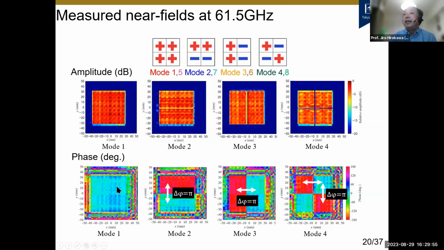In mode 1, all subarrays are fed in the same phase. And mode 2 and mode 3 have a 180-degree phase difference: vertical direction for mode 2, horizontal direction for mode 3, and oblique direction for mode 4.